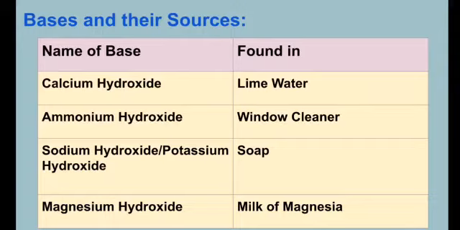Some bases are soluble in water, which is called alkali. All acids can dissolve in water, but all bases cannot dissolve in water, right? So the bases which can dissolve in water are known as alkali, correct?